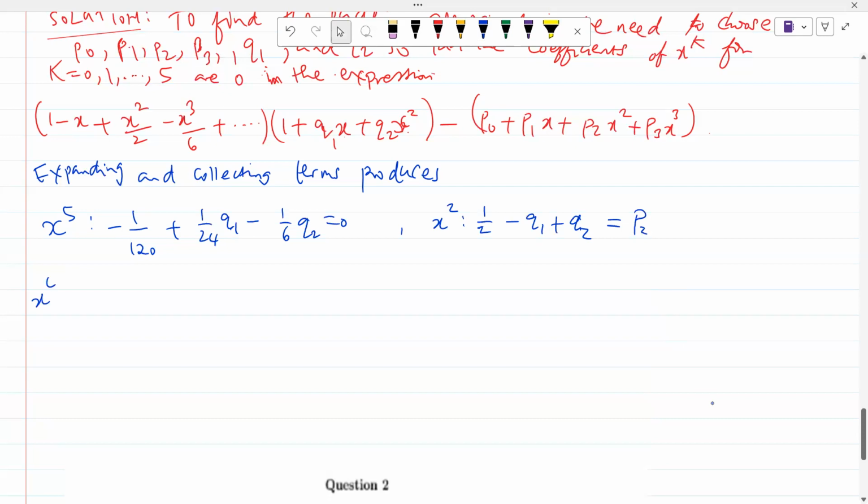And then you have x to the fourth power. Expanding and collecting terms produces x to the fourth power.